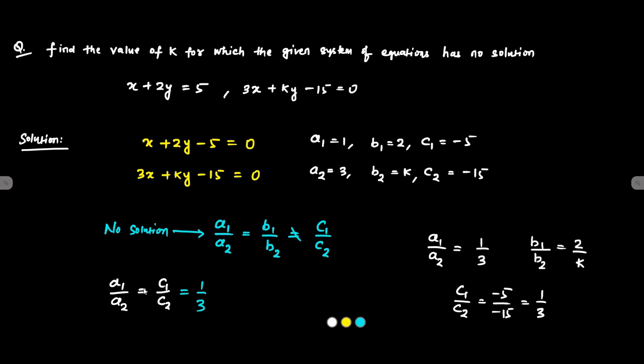So we are getting a clear indication that there is no such value of k for which the above system of linear equations will have no solution.